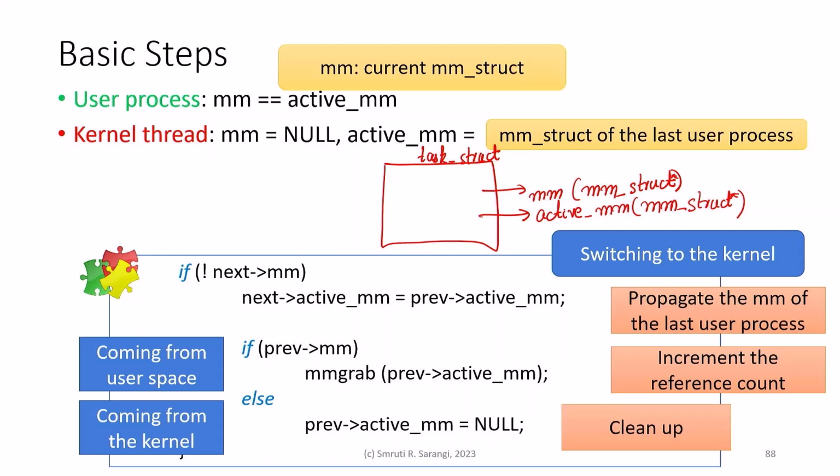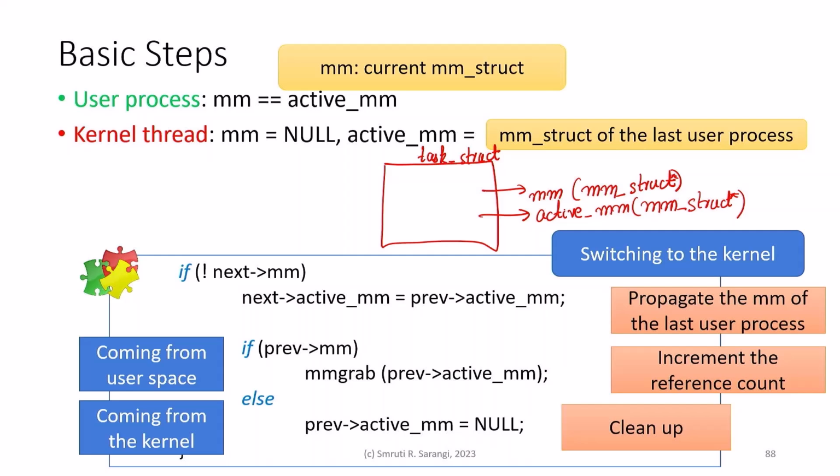But active_mm is important. active_mm is actually the mm_struct of the user process that executed the last. Right? So let's say you ran some user process and then you got an interrupt or an exception or a system call, you came into the kernel. It is possible that after that you kind of cycle through many kernel threads, but you would always like to have a pointer to the active_mm of the user process that executed the last.